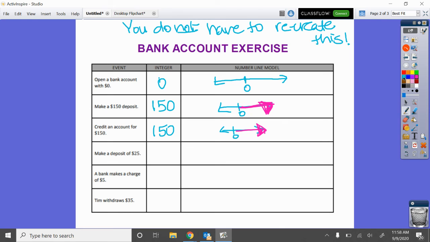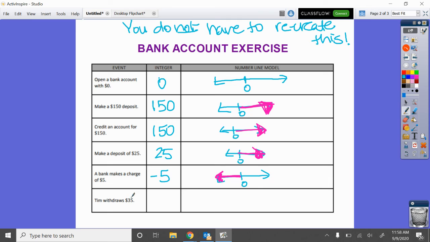All right, a deposit of $25. Deposit is positive. Where will that be on the number line? It will be to the right of 0. Now we've got a charge of $5. Okay, a charge is a negative word, so that means we need to put that negative sign in front of that 5, and that number will be located this time to the left of 0 because that's where the negative numbers are.